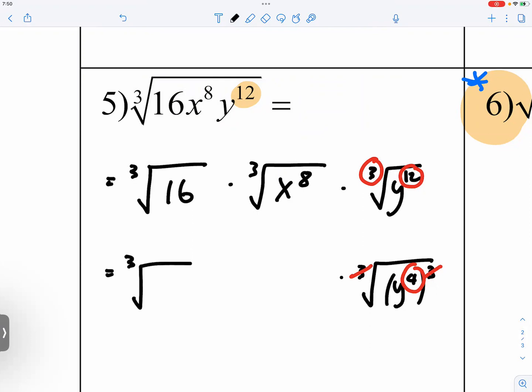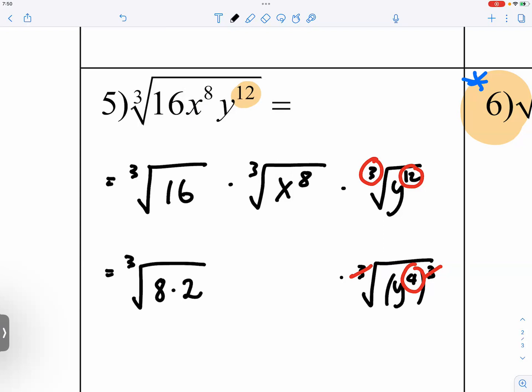But now what about cube root of 16 and cube root of x to the 8th power? How do you handle those two? Well, 16 is not a perfect cube. But what is a perfect cube? 8. That's related to here. So what you can do is break down 16 into 8 and 2.